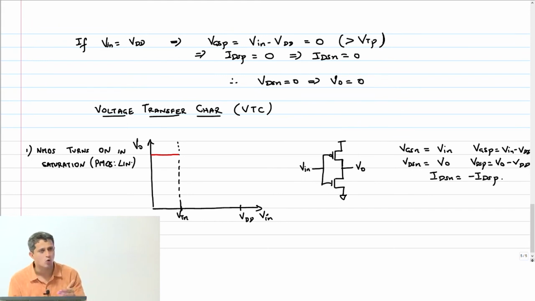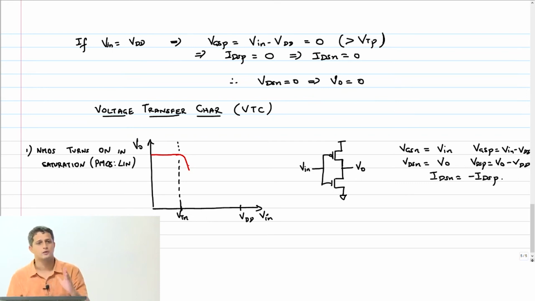And of course now current is going to flow because both NMOS and PMOS are on, one in saturation, other in linear respectively. Therefore the Vout will adjust itself slightly lower than VDD, right? So the Vout will now start falling.